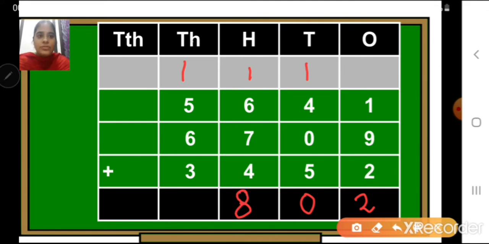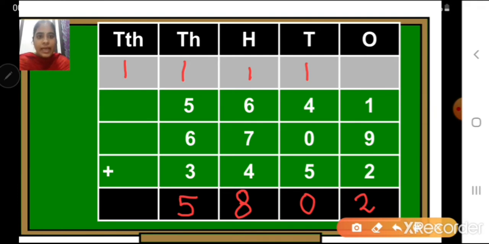Children, at thousands place we have 1 plus 5 plus 6 plus 3. 1 plus 5 is 6, 6 plus 6 is 12 and 12 plus 3 will be 15, correct? So 1 will be carry over and we will write 5 at thousands place.